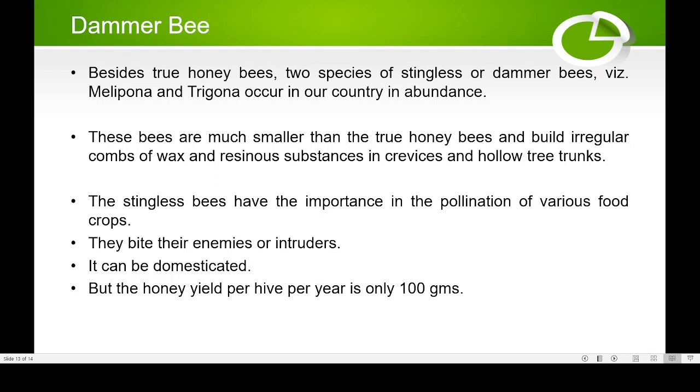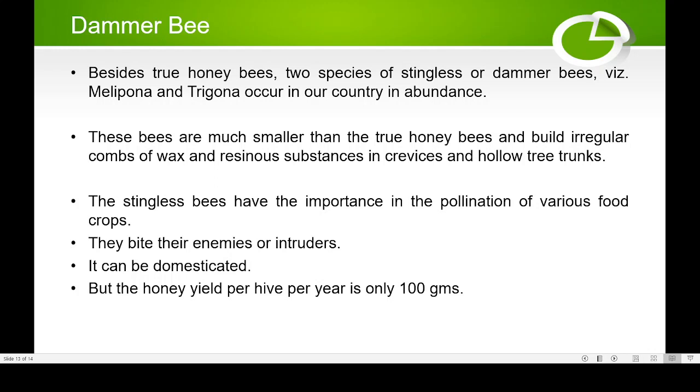They are not very aggressive. Even if you go near their nest or hive, they are not going to attack you. You can take them in your hand, no problem. They may bite their enemies or intruders, but they are quite harmless, and they can be very easily domesticated.